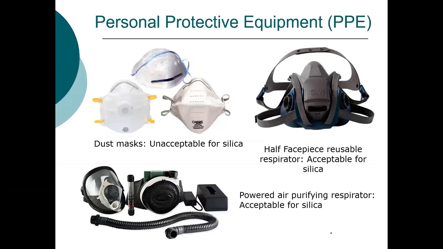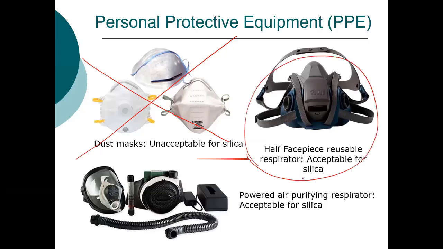In terms of what protective equipment do you need? Dust masks, for instance, are unacceptable for silica. There are a number of types of face pieces. These are reusable respirators. One has to be fit for one. So in order to actually wear one has to be medically approved by it.